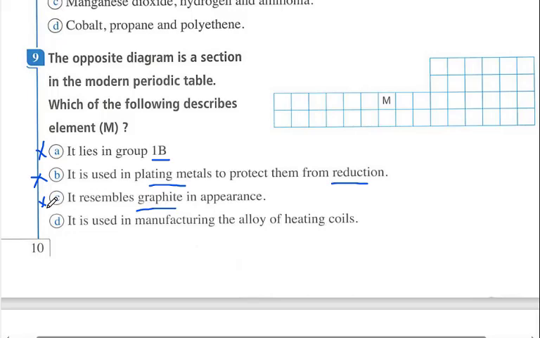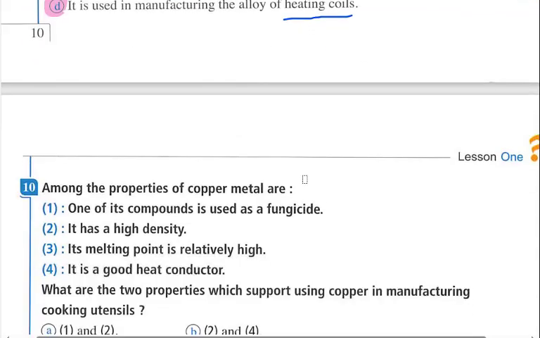There is no common appearance between graphite and nickel. It is used in the manufacture of alloys for heating coils. We all know that nickel chrome is used in heating coils. Nickel is used in heating coils as an alloy with chromium, and this is the correct answer.